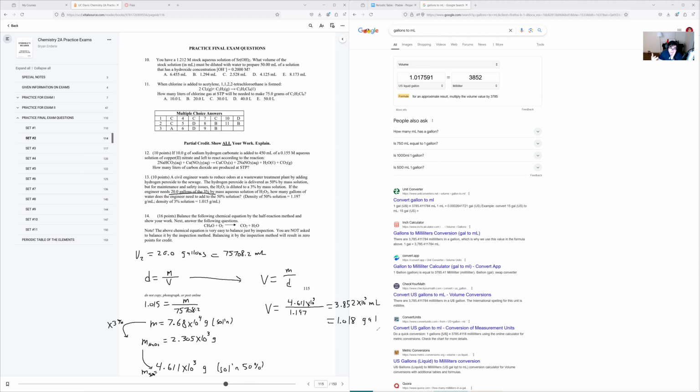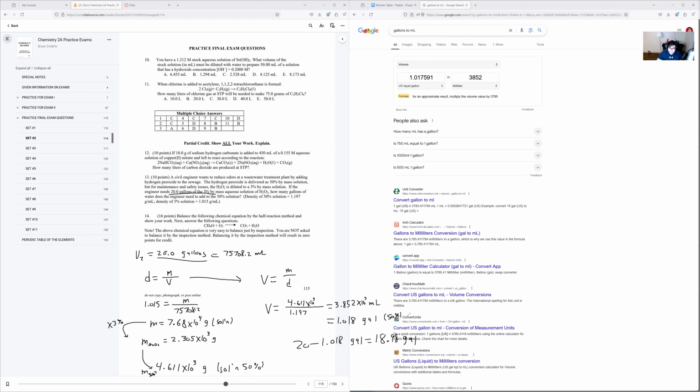So if we want 20 gallons in total, right, and we use 1.018 gallons of the original solution of the 50%, then I'm just going to take 20 minus 1.018, right? And that's the volume that we're using. 20 minus 1.018. So quite a difficult problem, honestly. That's 18.98 gallons. Yeah, I guess 98.